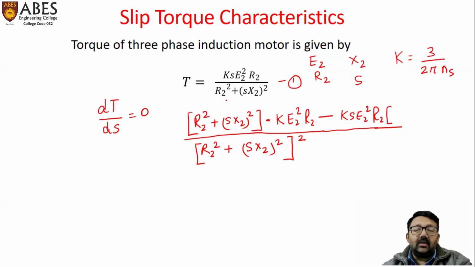Here, R2 square is treated as constant. What we get is 2 S X2 square, and put it equal to 0.